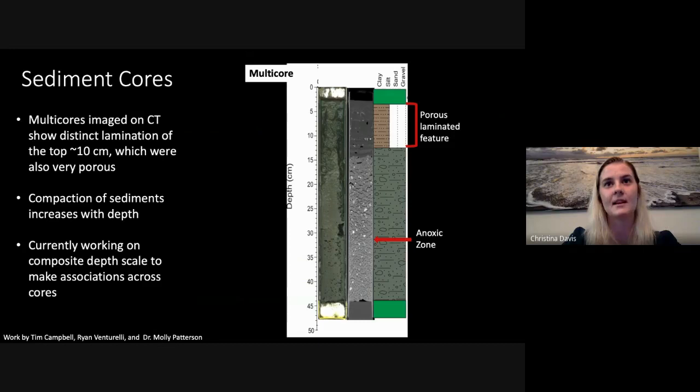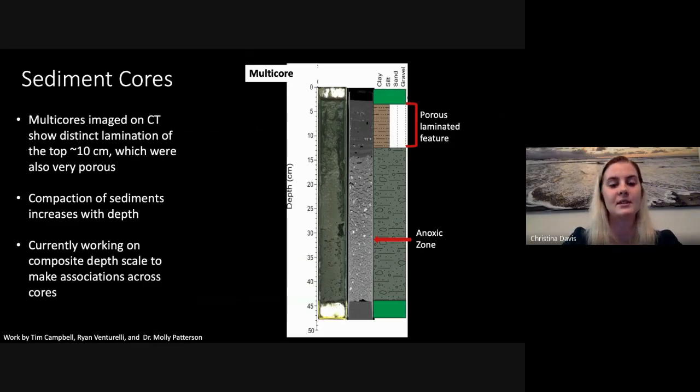So the top 10 centimeters were a bit soupier, but we see that there's a lamination happening, which could have been from different fill and drain cycles, with the ice not completely touching down during that draining, which could be good for the microbes. Then they're not being forced out of a habitat or smeared or moved out with the glacier movement.